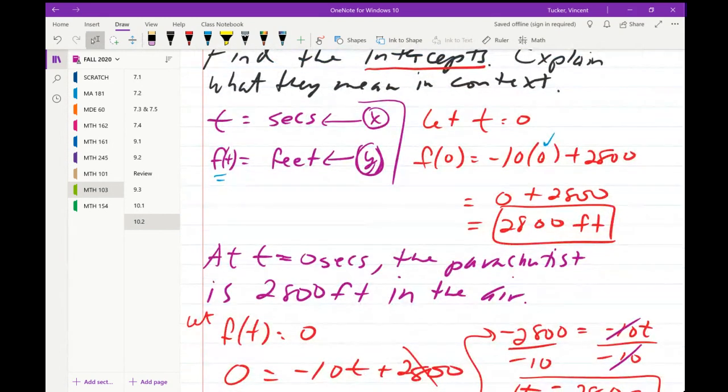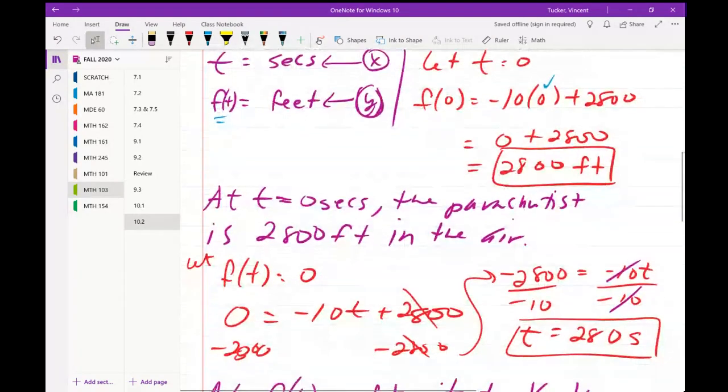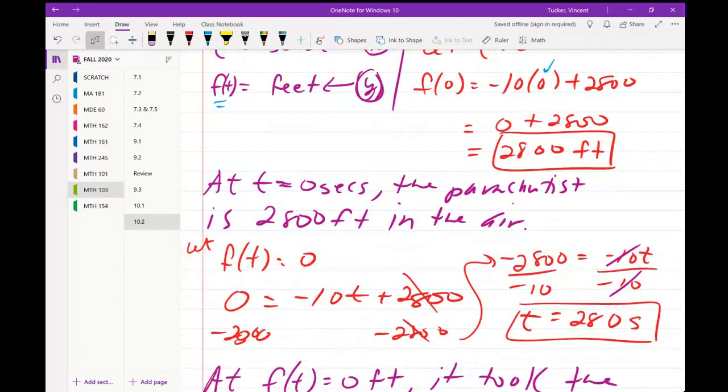So now we'll let f of t be equal to 0. All right, so that'll be 0 equal to negative 10t plus 2,800. So to solve for t, subtract 2,800 from both sides.